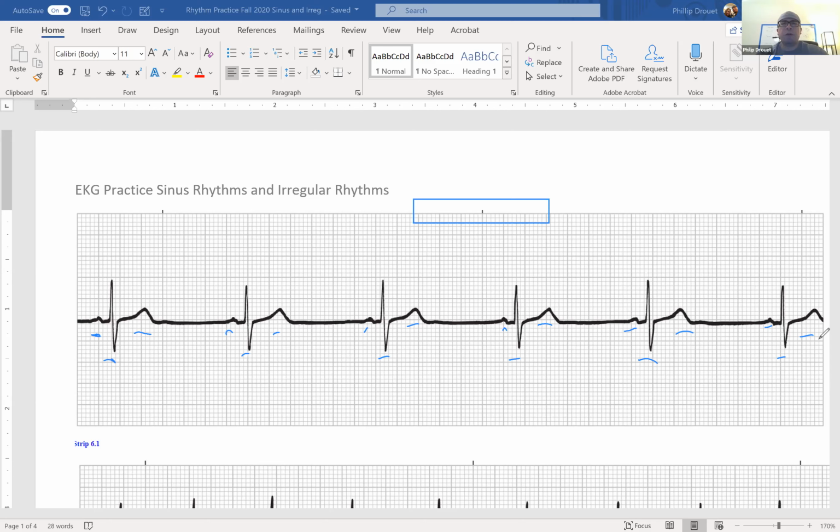Every single P has a QRS behind it, and every single P has the same shape, and that's important here because that gives us insight as to how many cells are firing. We have one cell firing here, meaning it's going to be consistent, which we just verified by checking for regularity.